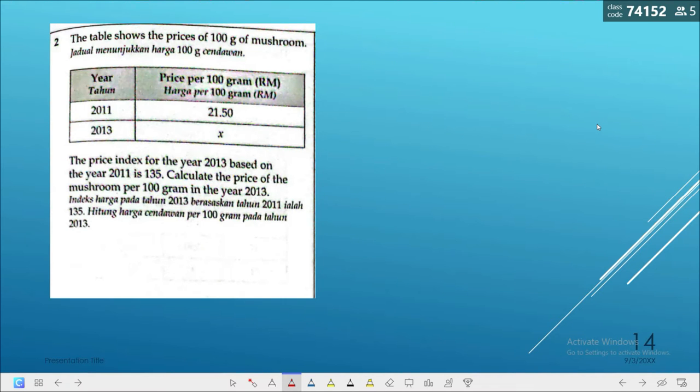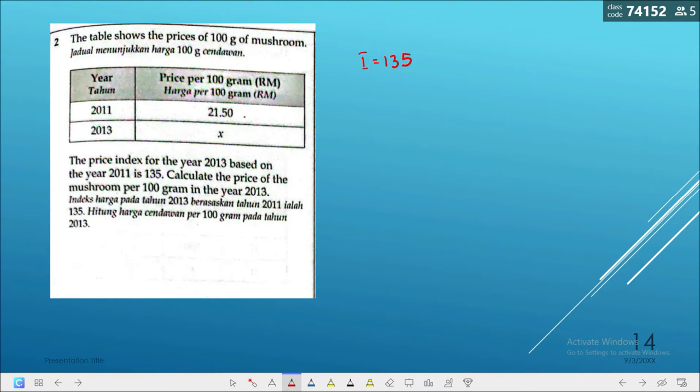Let me show you another example. Here the table shows the prices of 100 gram of mushroom. The price index for the year 2013 based on the year 2011 is 135. Calculate the price of the mushroom per year in the year 2013. This one also gives you the index: 2013 with base 2011, and the index is 135.